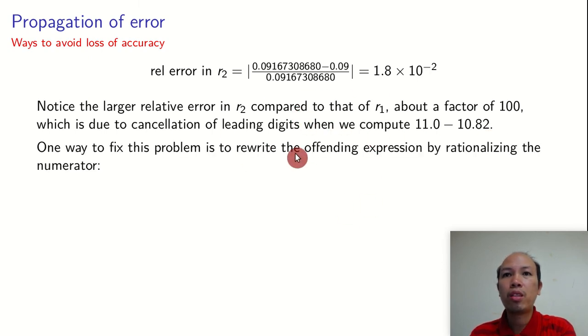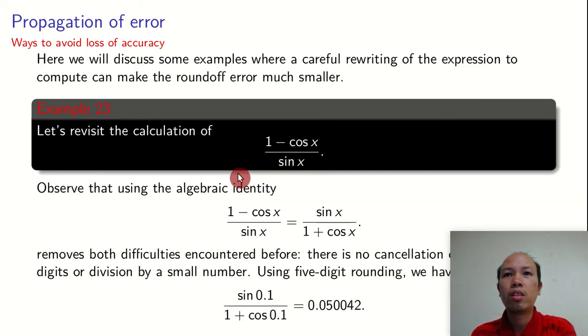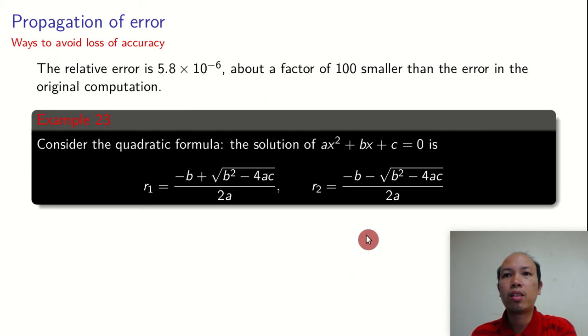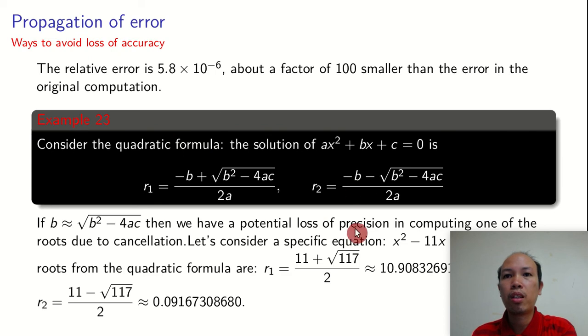So how do we fix this problem? First, we do rationalizing, just like what we did in example 23. One of the ways to avoid loss of accuracy is to rationalize to avoid subtraction.